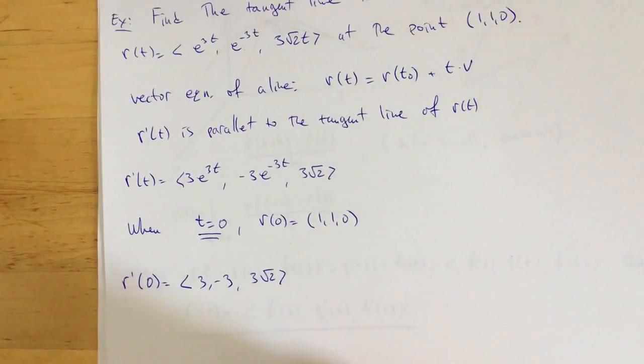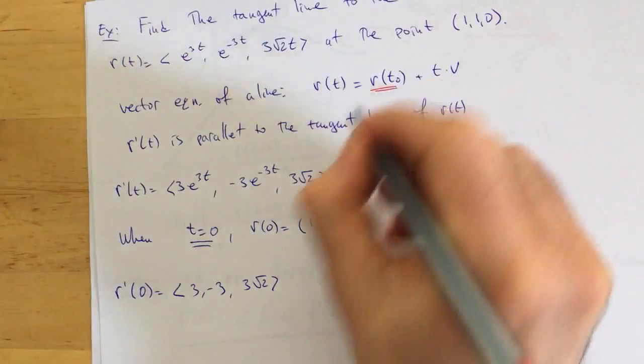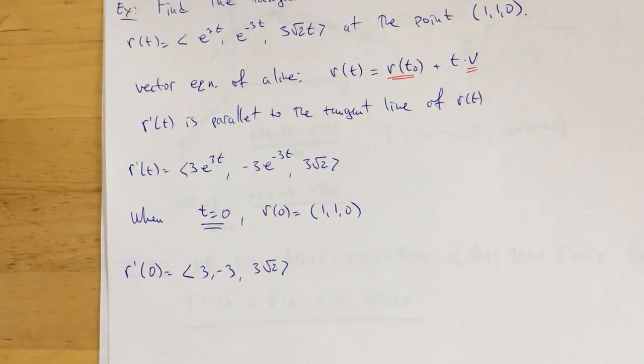And finally, what do I have? I have a point on the curve, and I have a vector parallel to the tangent line. So here what can I do?